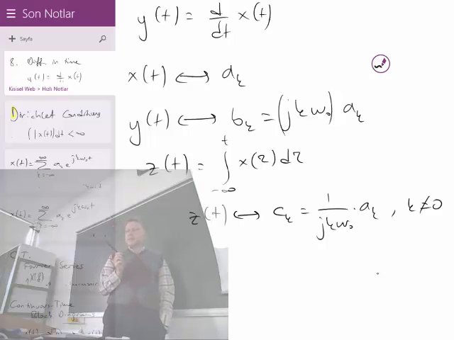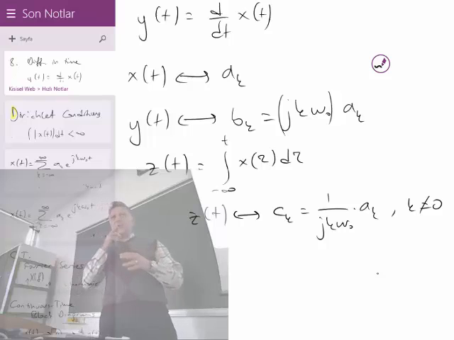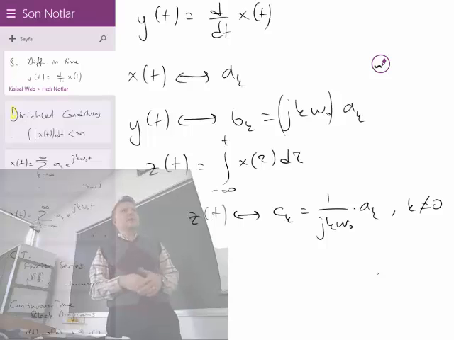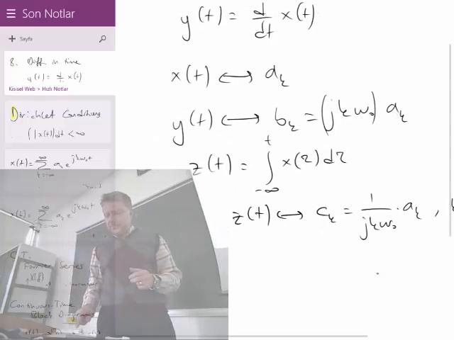It must be handled separately. So for the derivative you multiply by j k omega 0, and for the integral you divide by j k omega 0 in general.